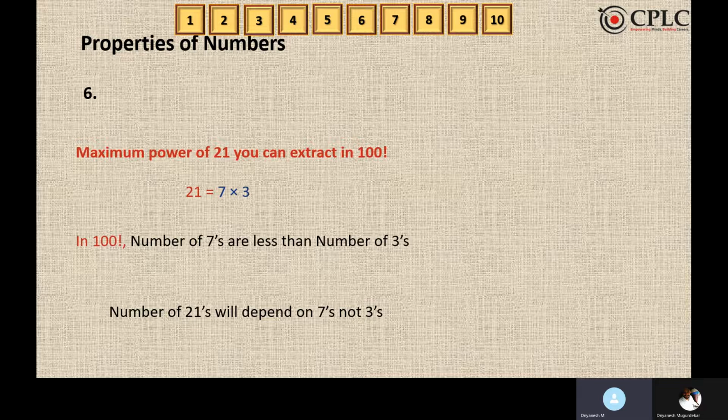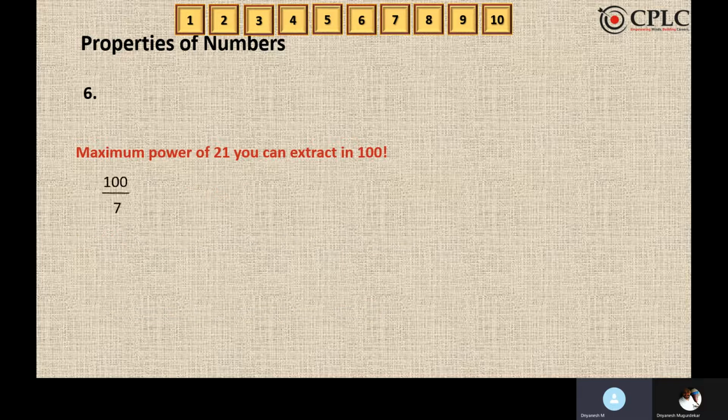So how do we extract the number of sevens from 100 factorial? Forget the factorial sign, divide 100 by 7. That was the other shortcut approach. So 100 divided by 7, just note down the quotient, which is 14. Again, divide that 14 by 7, you get 2. Again, try to divide that 2 by 7. If you get the quotient 0, that is where you stop.